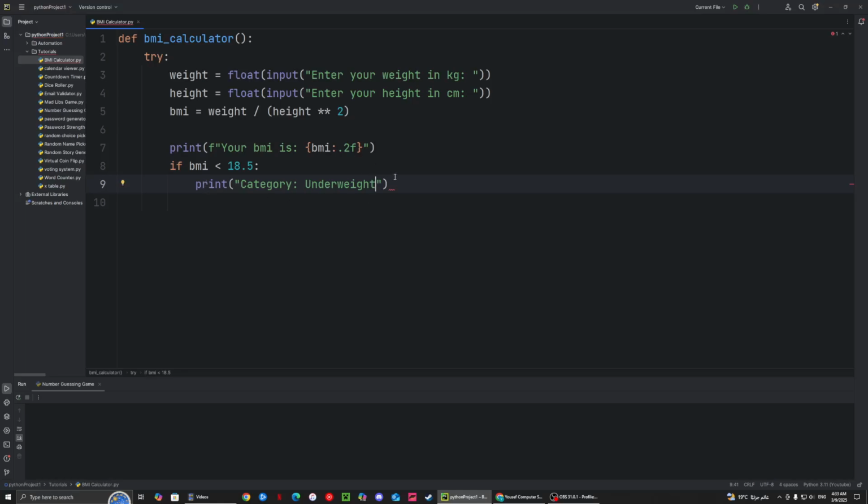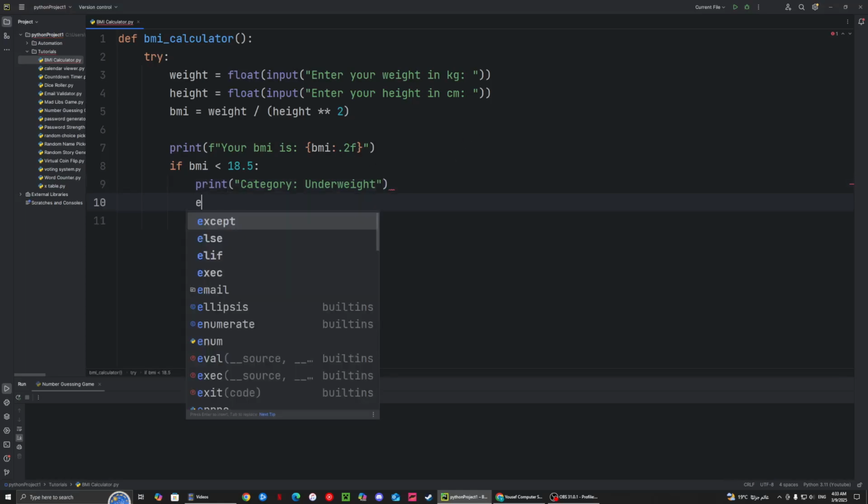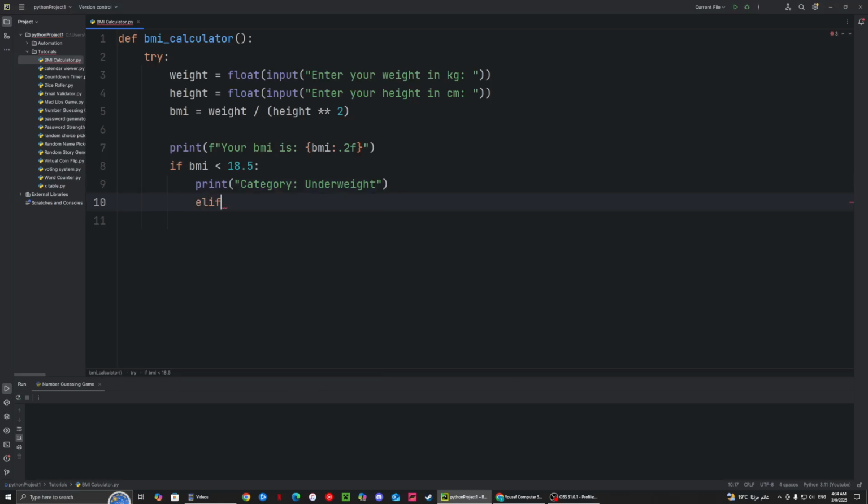And then moving on, we want to say elif, and within the elif statement, you need to pay attention to the indentation. So we want to say elif 18.5 less than or equal to, sorry, I got confused. It's going to be less than or equal to BMI.